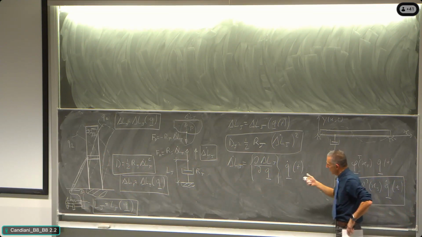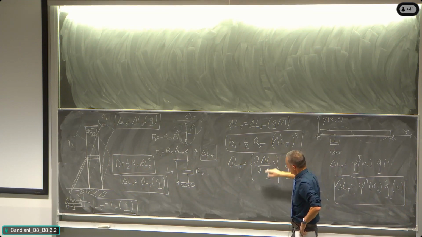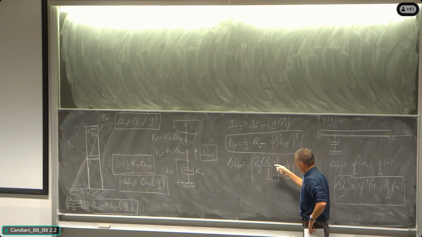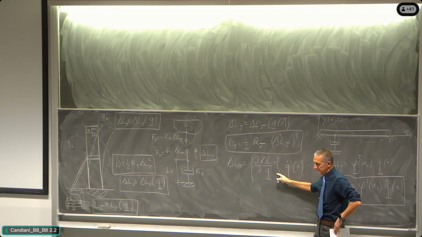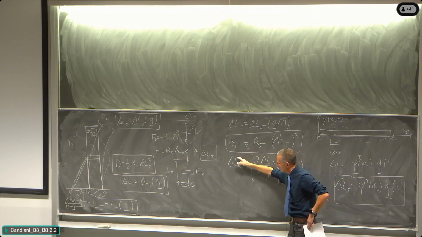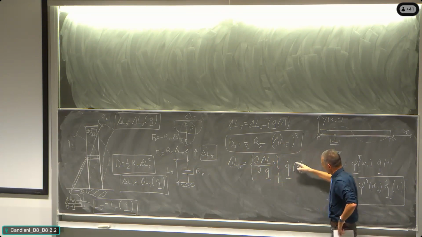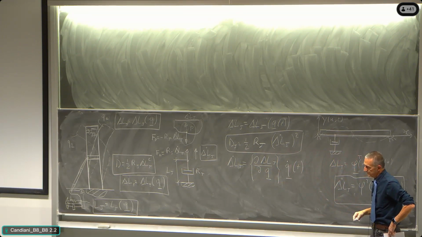And so the general way in which we are writing all of that is to say that the elongation is a function of time through the intermediate free coordinates that are the principal coordinates, and then taking the derivative with respect to time, I have to multiply all of that times the derivative with respect to time of the principal coordinate itself.